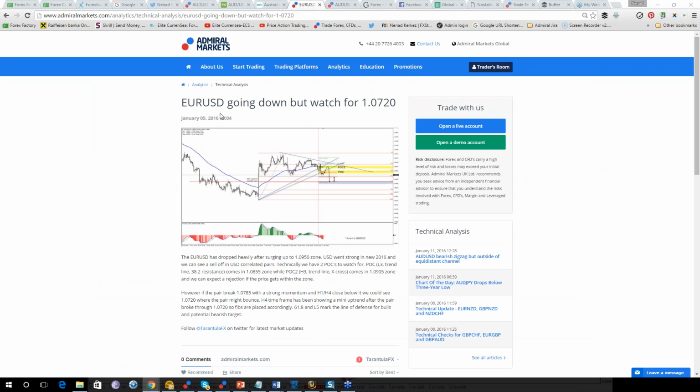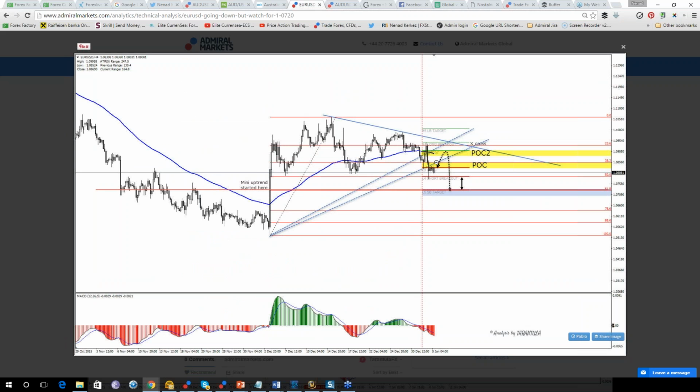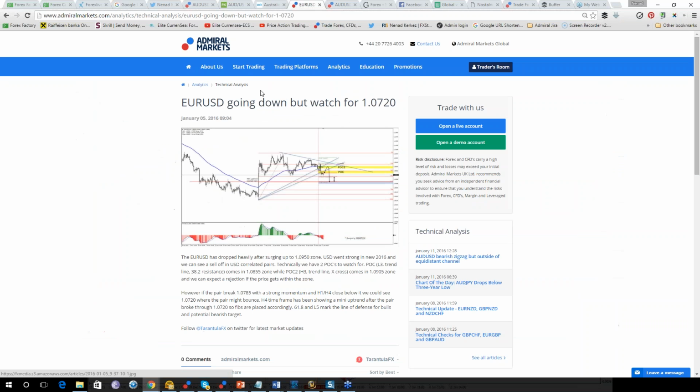This is how it looked. Euro dollar going down, but watch for 0.720. The price came here and started to reject towards 0.720. It was on January 5th. I said, if the pair breaks 0.785 with strong momentum, we could see 0.720 where the pair might bounce.